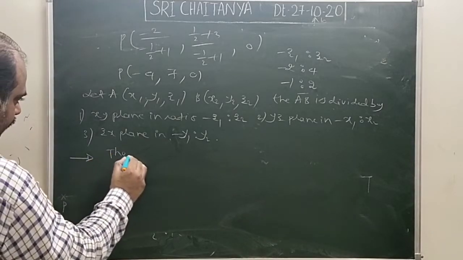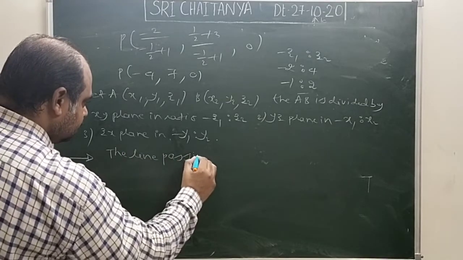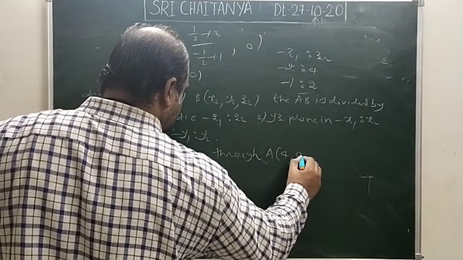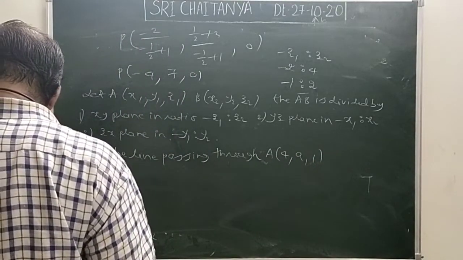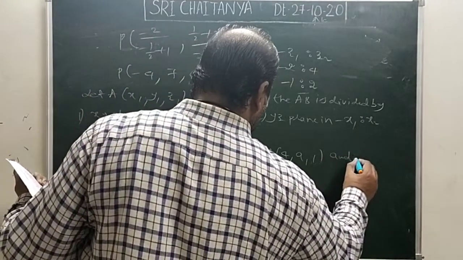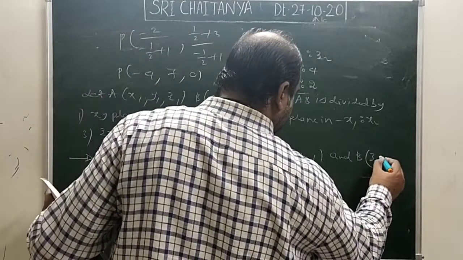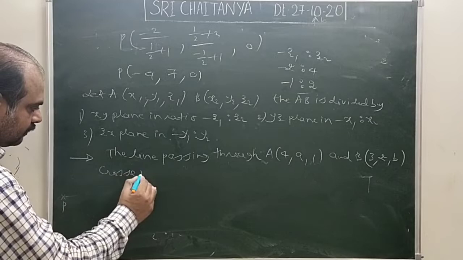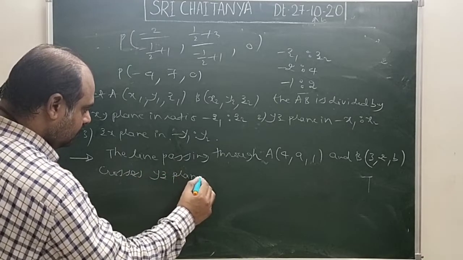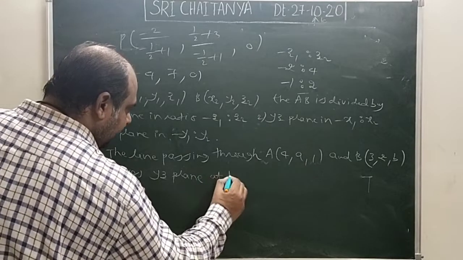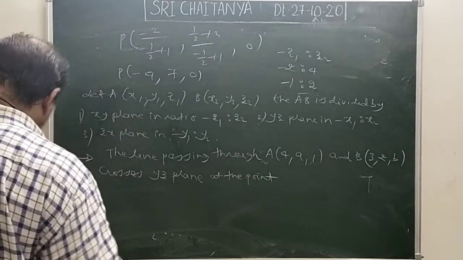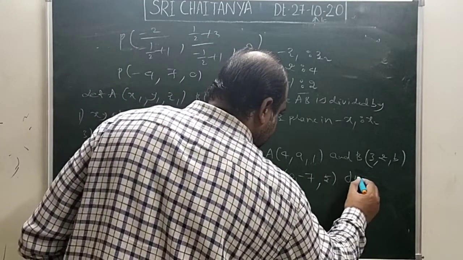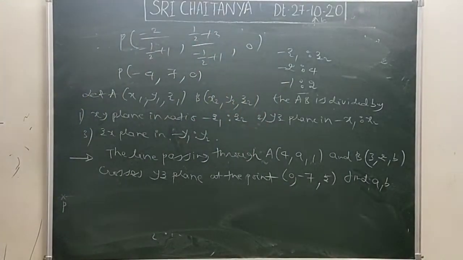Look at the line passing through A(4, a, 1) and B(3, 2, b) that crosses the YZ plane at the point (0, -7, 5). Find a, b.